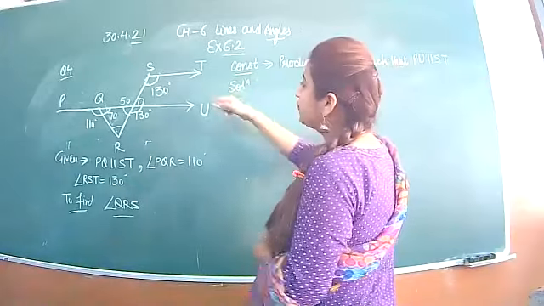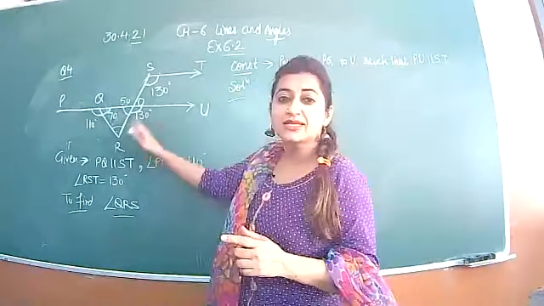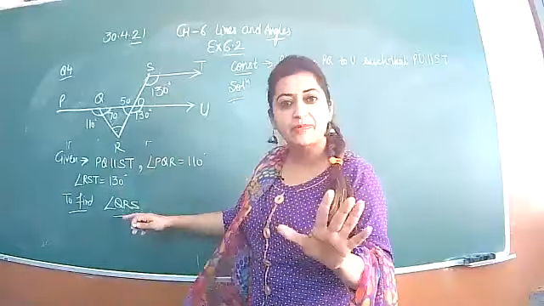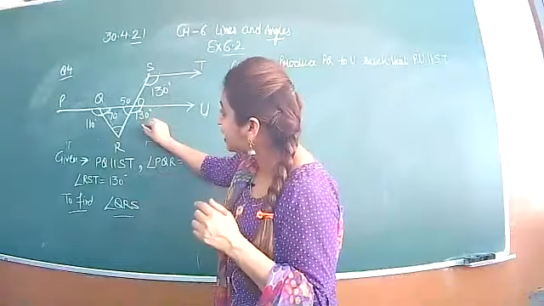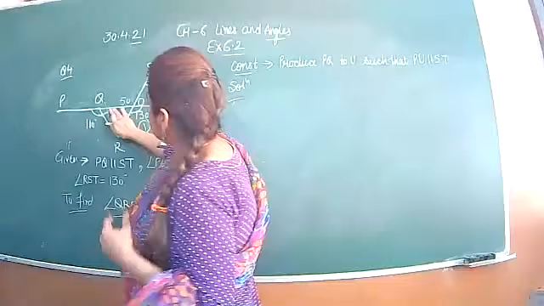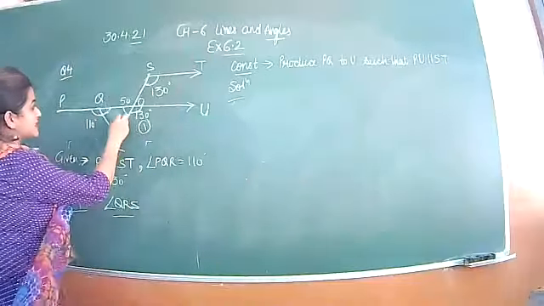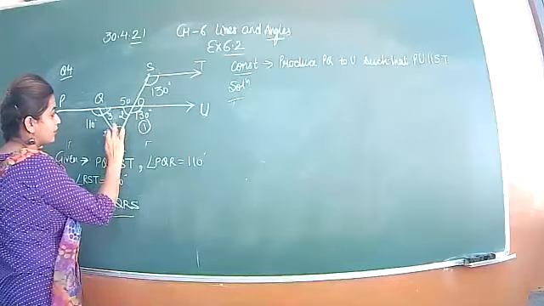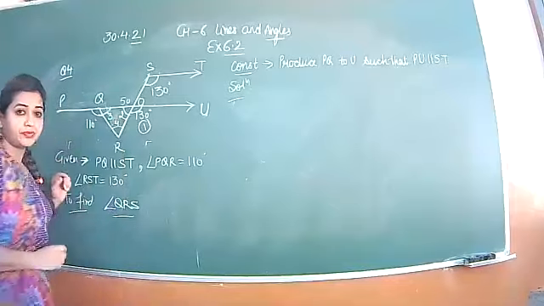For the solution, instead of writing the complete name, it's better to write angle 1, 2, 3. That will be much better. Give it as angle 1, this inner angle as angle 2, this is your 3, this is your 4.